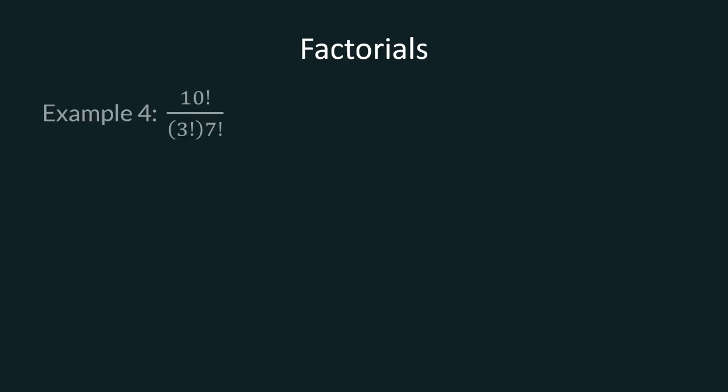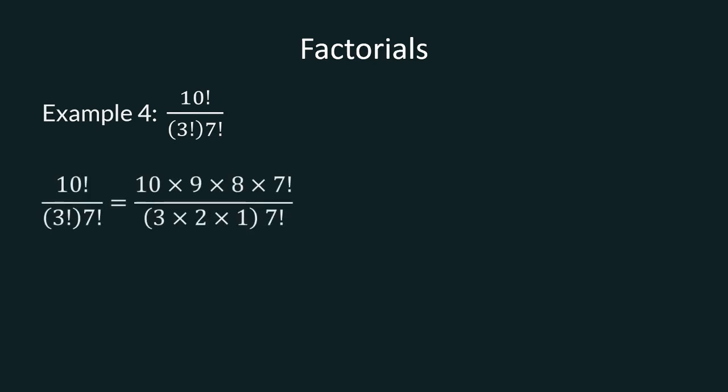The fourth example. Let's take a look at 10 factorial divided by 3 factorial times 7 factorial. Now here, we do the same thing we did in our previous example, where we don't expand out all the factorials. As we expand 10 factorial, 10 times 9 times 8 times, then we get to 7 factorial.